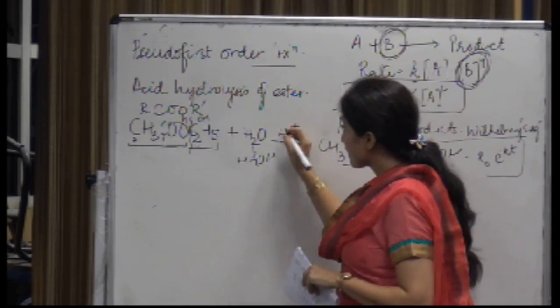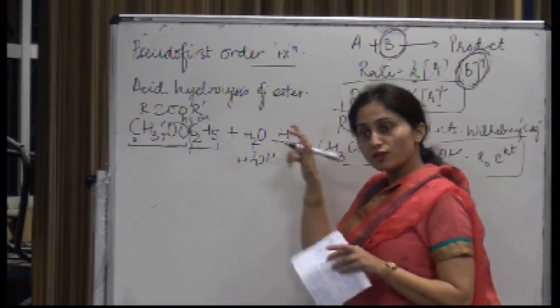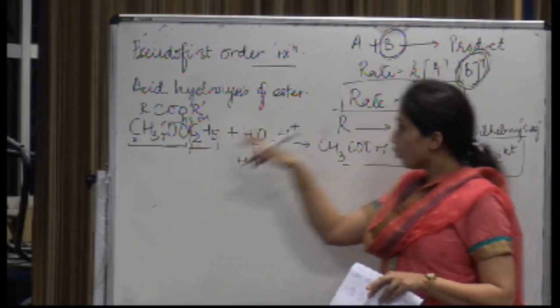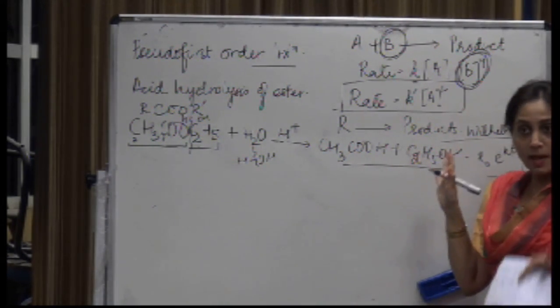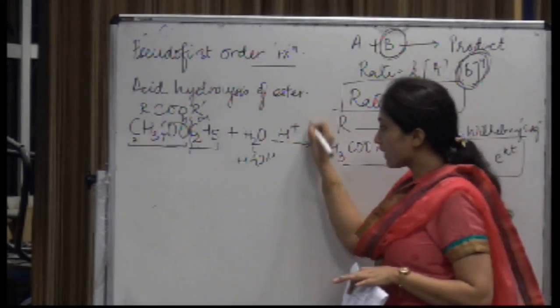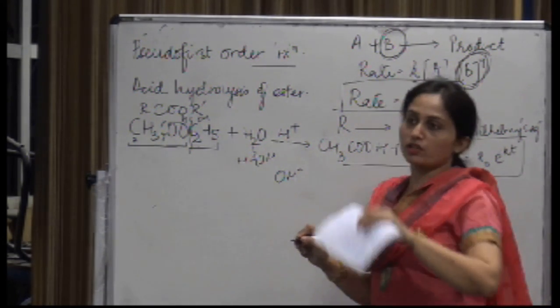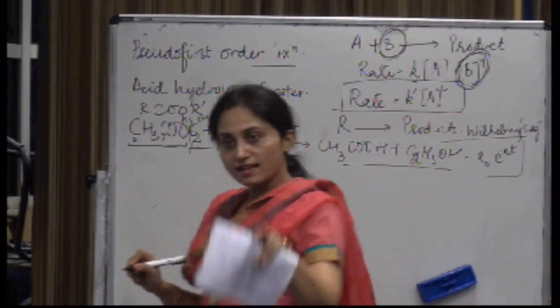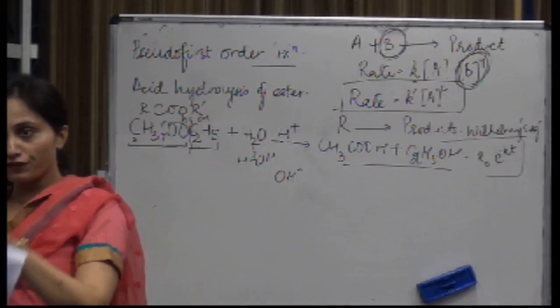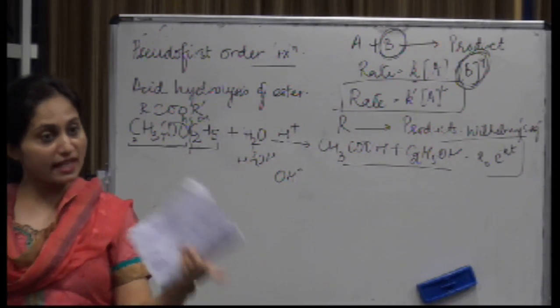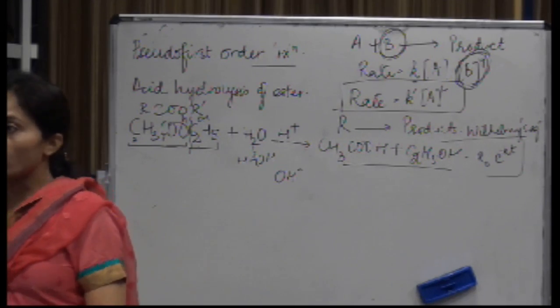But there is also base hydrolysis of ester, in which you get the same products. But the only thing is, instead of H plus you have OH minus, and that is a second order reaction. So remember this also: acid hydrolysis of ester is a pseudo first order reaction, whereas base hydrolysis of ester is a second order reaction.